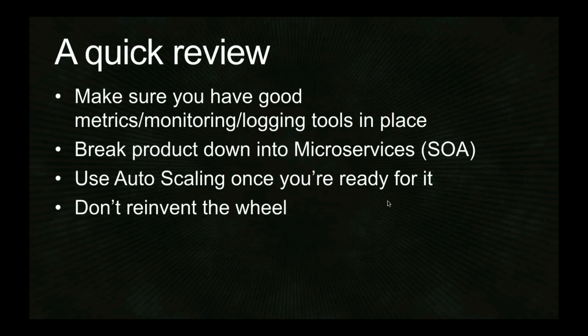Make sure that you have good metrics monitoring end-to-end and up and down the whole stack, otherwise you're flying blind. Try to break your application into multiple components that do one thing only, like this is my billing system, it generates the customer bill. This is my web frontend, it generates the web or mobile frontend, for example.